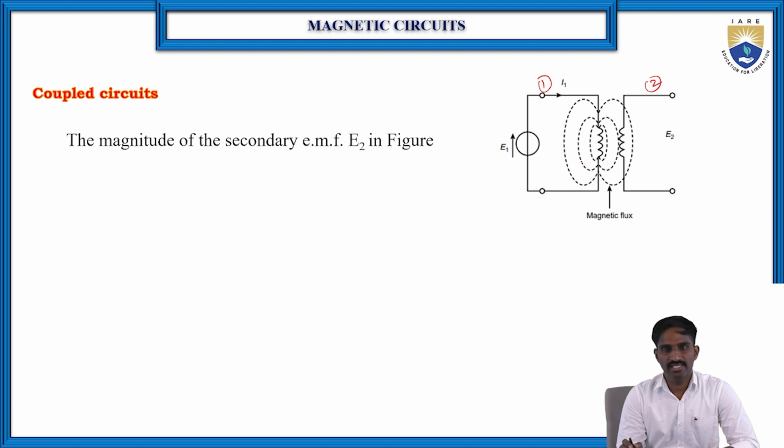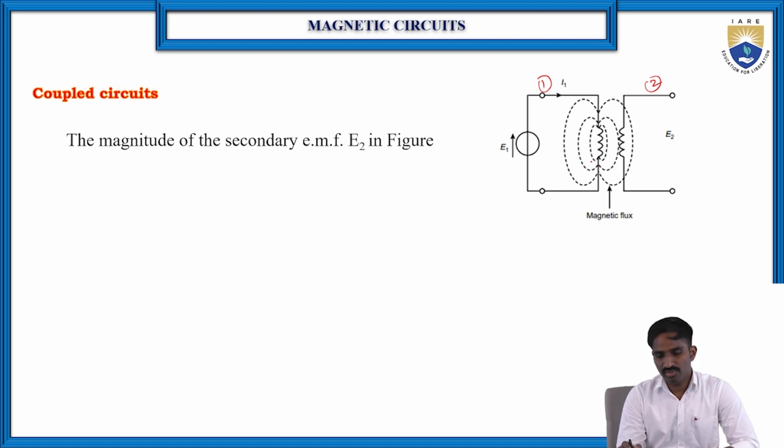Due to this, a magnetic field is produced. The magnetic field produced by the circuit linking with the circuit itself, coil 1 itself, is called self inductance.